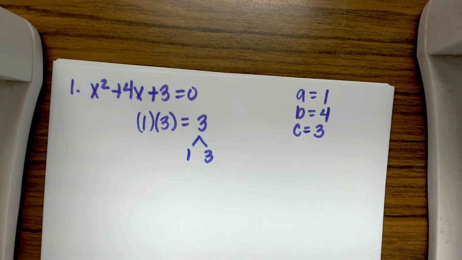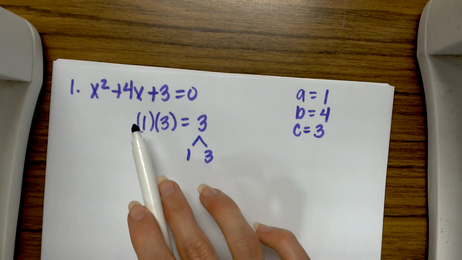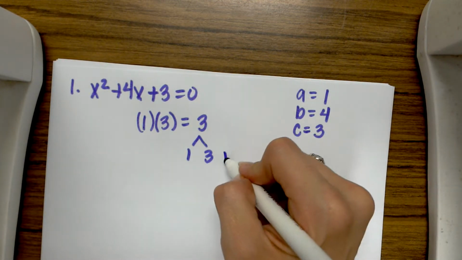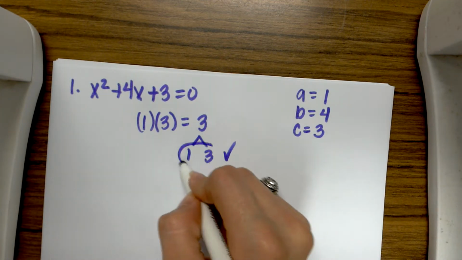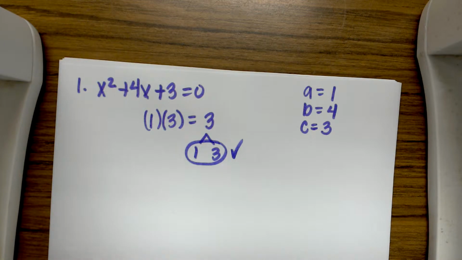Our fifth step now is to check to see if the sum or difference equals B. So if I add these together, does that equal 4? My B? Yeah, it does. 1 plus 3 gives me 4. So will this work? Yes. 1 and 3 will work. So let's go ahead and now rewrite our equation using our factors.